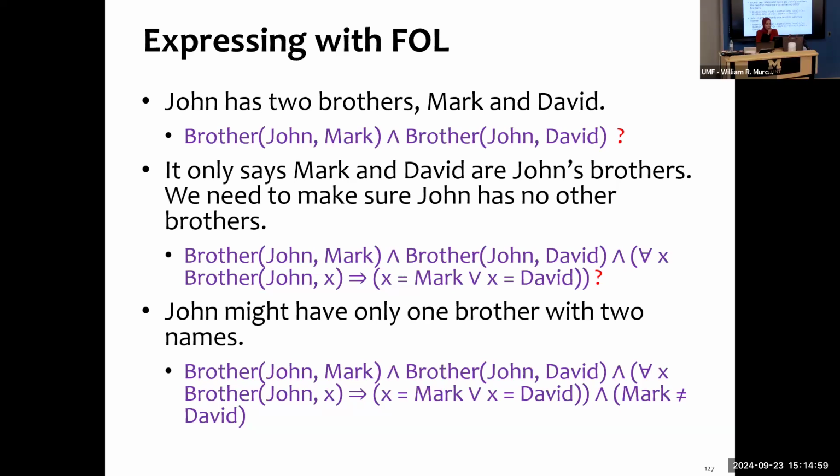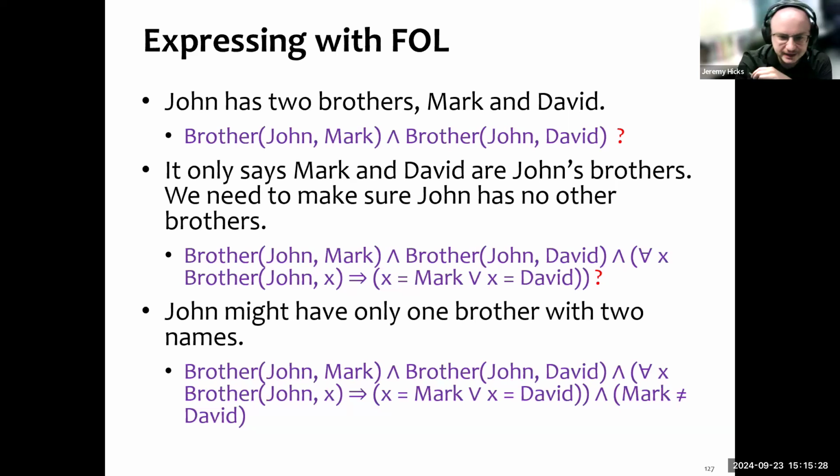I just want to confirm, Jeremy, are you saying x is equal to David and then Mark is different from David? I wish I could show you, but I don't think it's going to work if I hold this up. No, I'm still on the second one, but I only put the second line: brother(John, x) implies x equals Mark or x equals David.